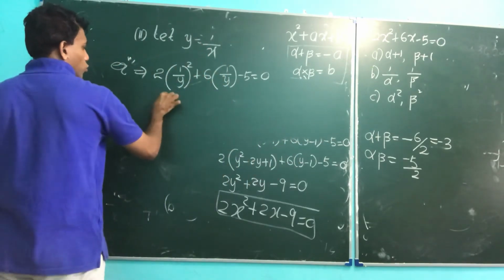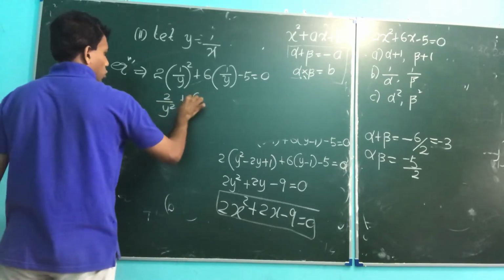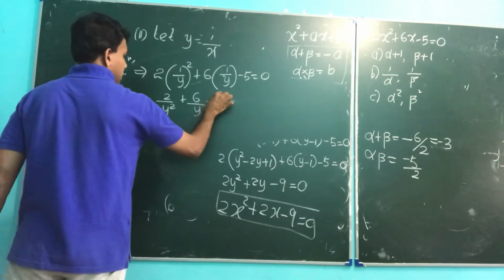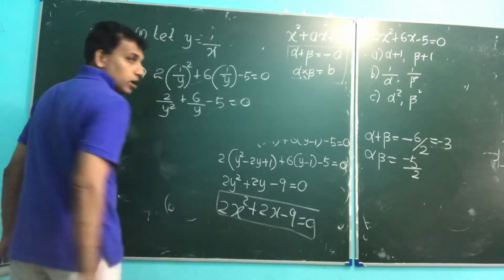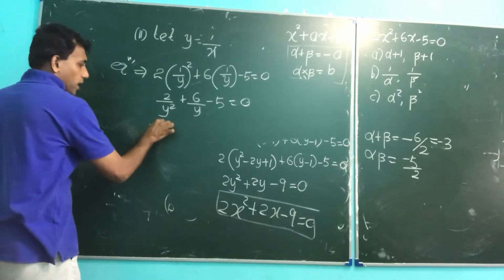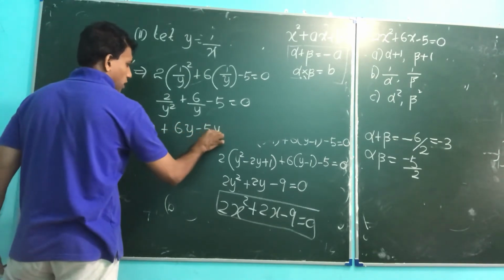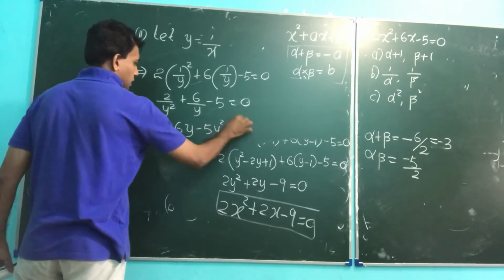So 2 over y square plus 6 over y minus 5 is 0. Now multiply y square. 2 plus 6y minus 5y square is 0, right?